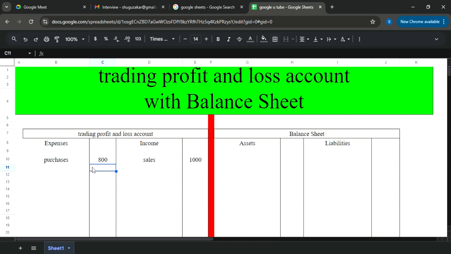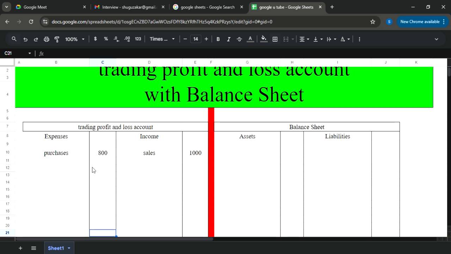But there would be a little difference. We will divide these expenses and income into two parts. I'm going to divide it. Over here, you need to put two lines. In a similar way, over here, you are going to put two lines again.